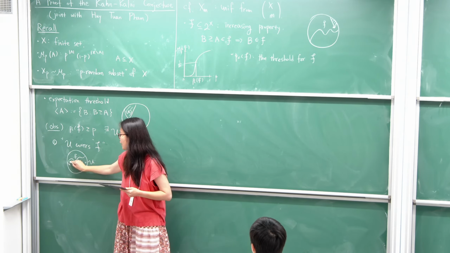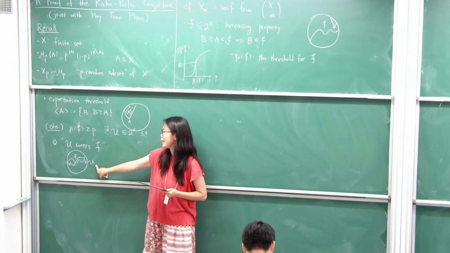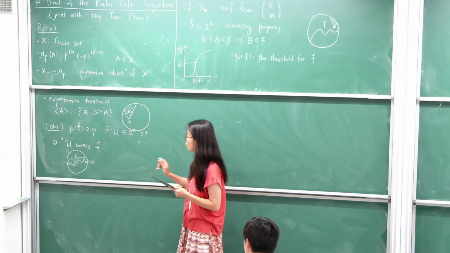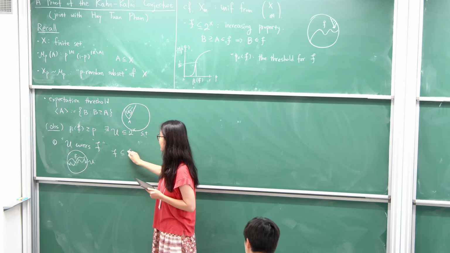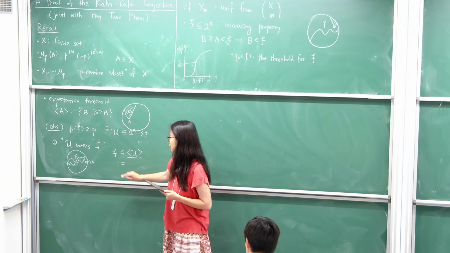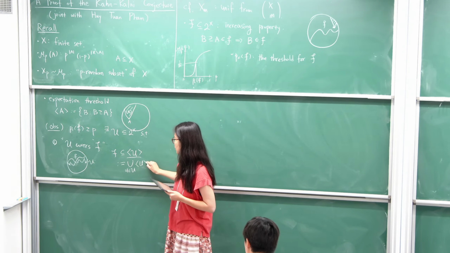If we consider the up-set generated by U, then this contains the increasing property F. This is the meaning of U covers F. So F is contained in the up-set generated by U, which is defined by the union over A in U of the up-set generated by A.